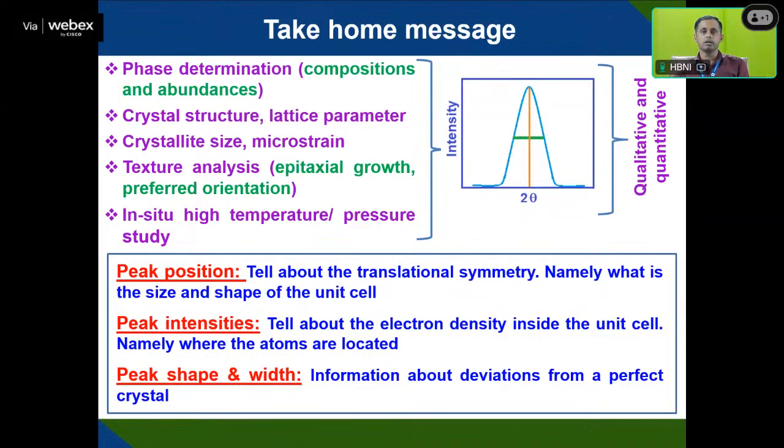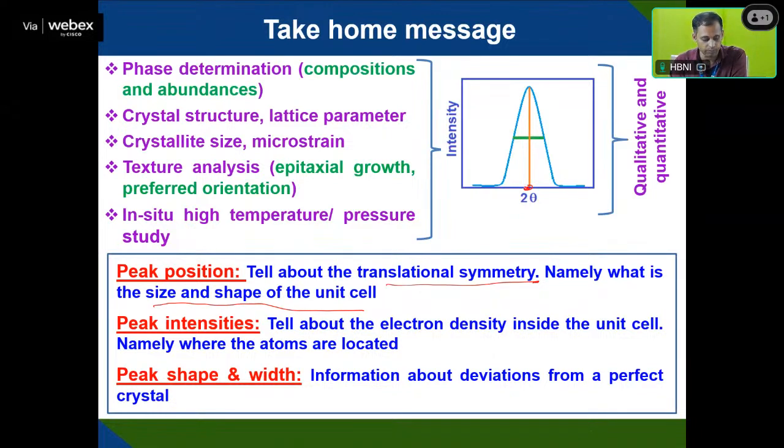The structure analysis we will discuss in the next class, when we go to grazing angle XRD or thin film XRD, and even high temperature and high pressure studies are possible. The peak position, the 2 theta value, tells us about translational symmetry, namely the size and shape of the unit cell.